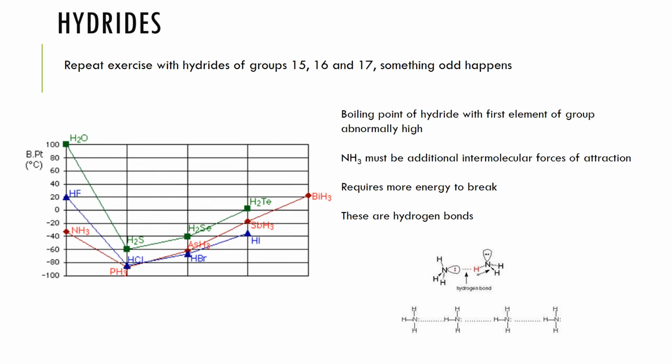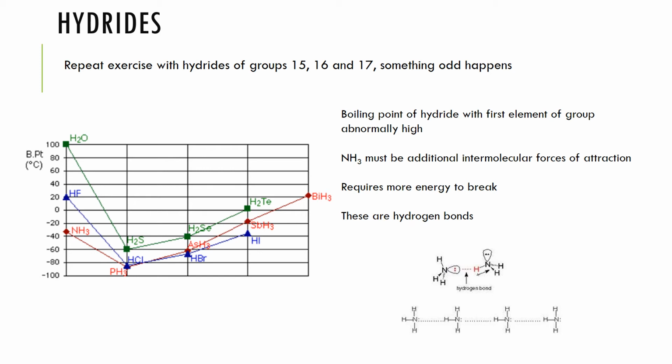And at this point in the periodic table then, from group 15 onwards, if you were to repeat that exercise with the hydrides of these groups, so group 15, 16 and 17, then you see something odd, and boiling points don't simply increase as you go down the group for the trihydrides.